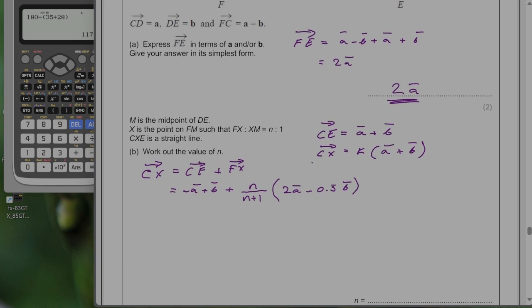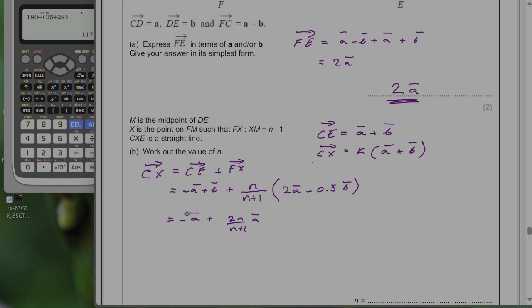Right. So if I tidy this up a little bit, I'm going to multiply this out and put my a's next to each other. So minus a plus 2n over n plus 1 lots of a.